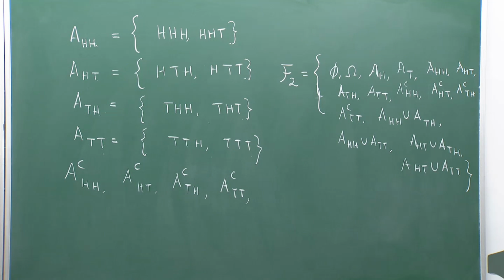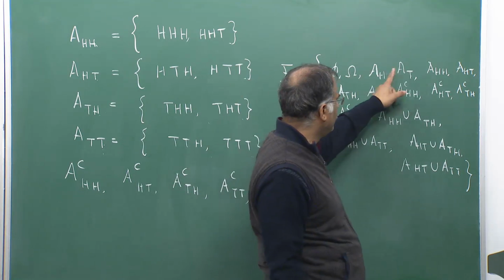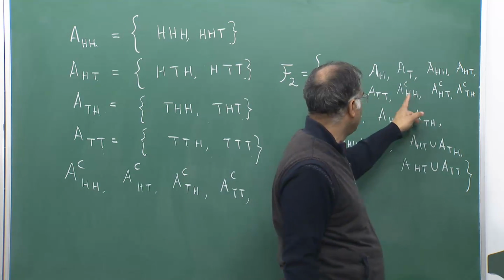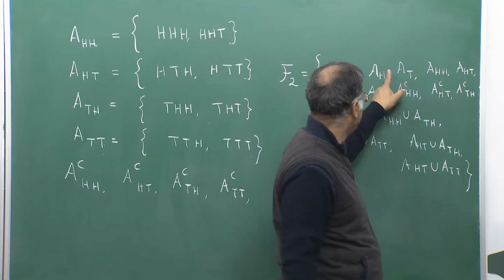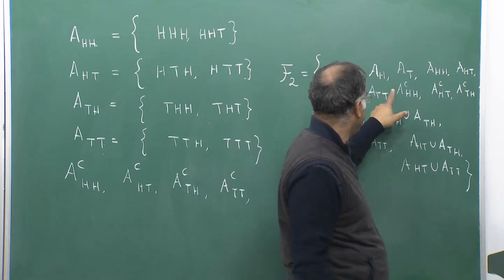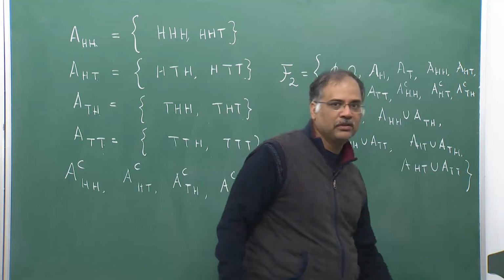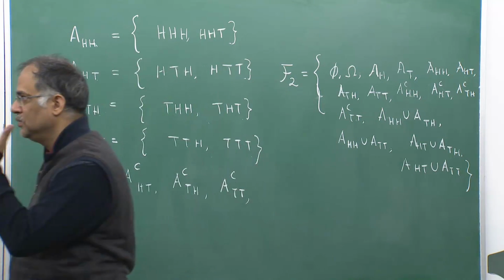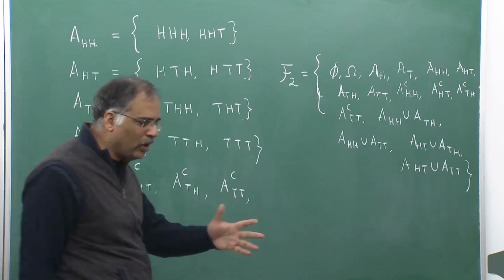You see, from just 4 elements here, you have increased to 1, 2, 3, 4, 5, 6, 7, 8, and so on up to 18, it just blew up actually. Now, it comes to F3, where all is known.